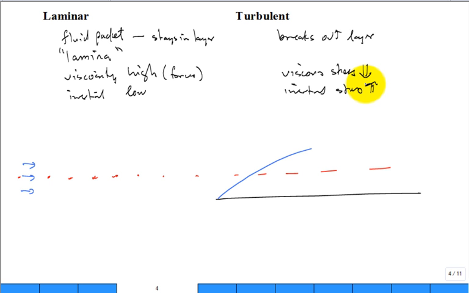We have turbulent flow. What we find is flow over a plate maybe gets to a location, roughly in this location, where the flow transitions from being laminar to turbulent.